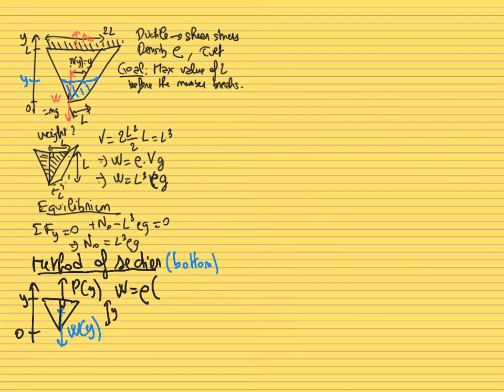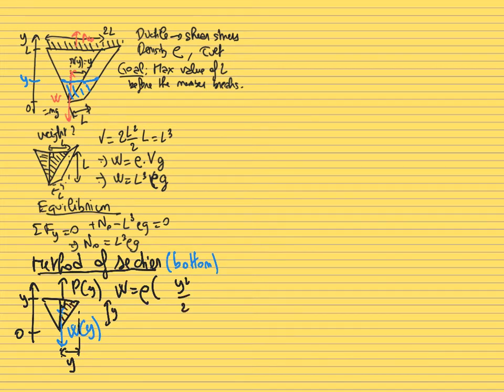The height of this triangle is y, and the width at the bottom is r as a function of y, which is also y. So this right triangle is half of a square of edge y, so its area is y square over 2.